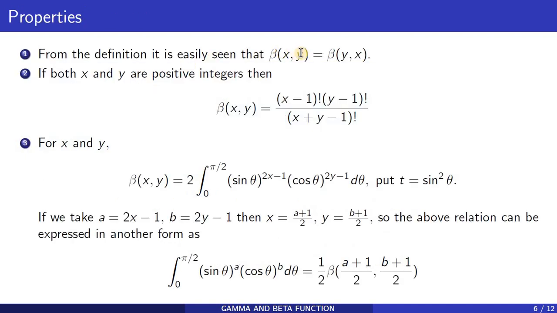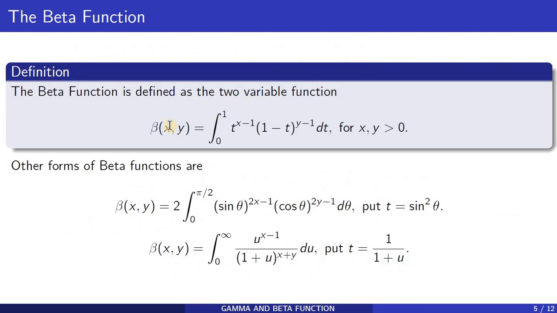It is easy to observe that beta of x comma y is equal to beta of y comma x. It is because when instead of beta of x comma y, if you put y comma x, then it will be the integral from 0 to 1 of t power y minus 1 into 1 minus t power x minus 1 dt. Now when t moves from 0 to 1, your 1 minus t will move from 1 to 0.